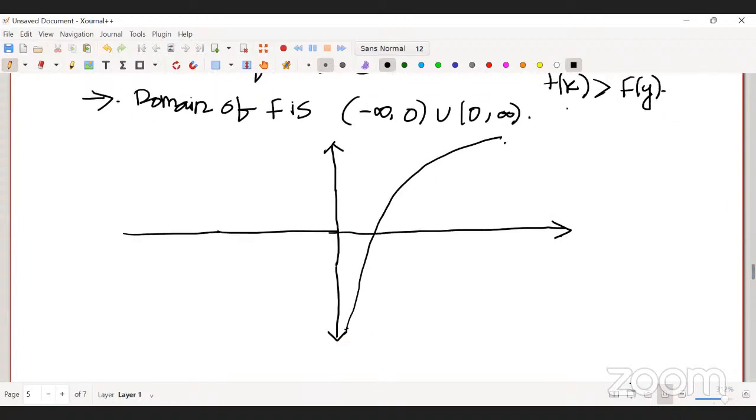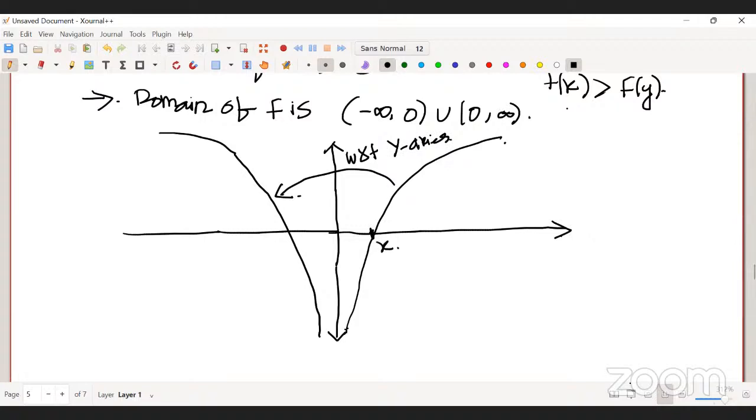Basically you get the reflection with respect to the y-axis, because whatever value you get at x, the same value you get at minus x. So you get the mirror image with respect to the y-axis. This is the graph of this function.